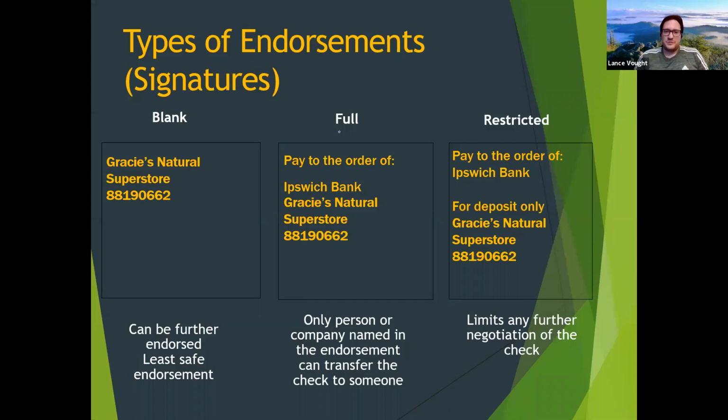The full endorsement is basically saying that you're paying to the order of the specific entity who is in charge of the account of the business. So only the person or the company is named, which means that they can transfer it to somebody else.